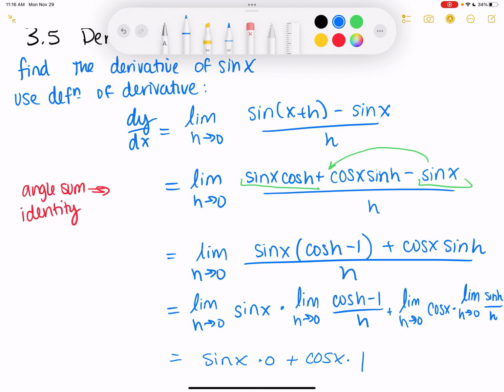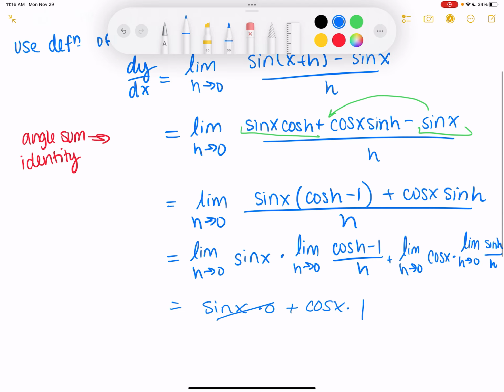So that stuff's going away, leaving us with cosine of x. So the derivative of sine of x is equal to cosine x, is what all of that goes to show you.